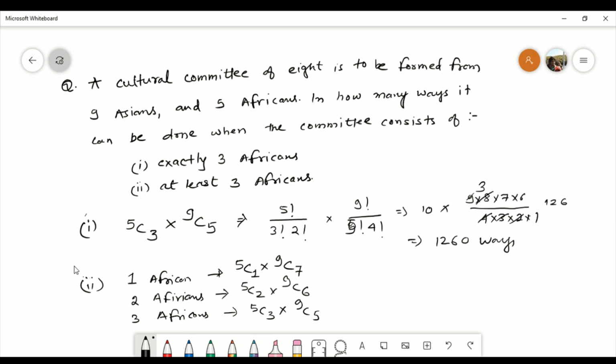So these are the three options, three independent choices. I decide to only have 1 African in my committee, so I have these many ways. This is n1, let's say. This is n2 when I decide to have 2 Africans in my committee, and then I have this many ways, and this is n3. So the total number of ways will be n1 plus n2 plus n3, right?